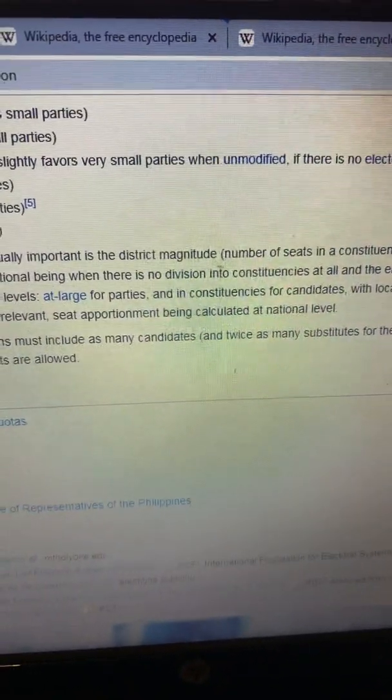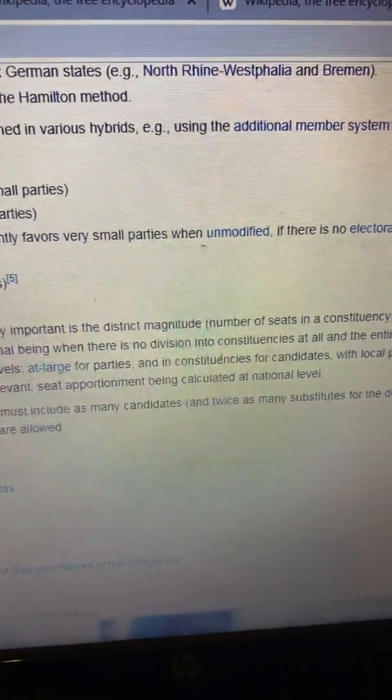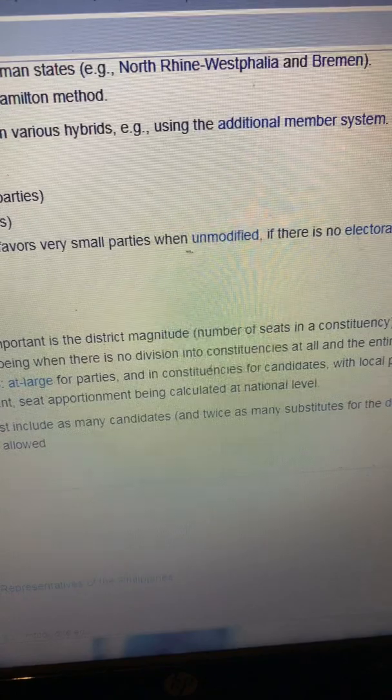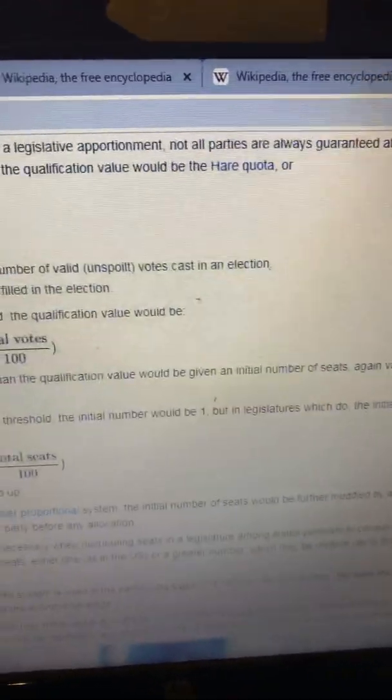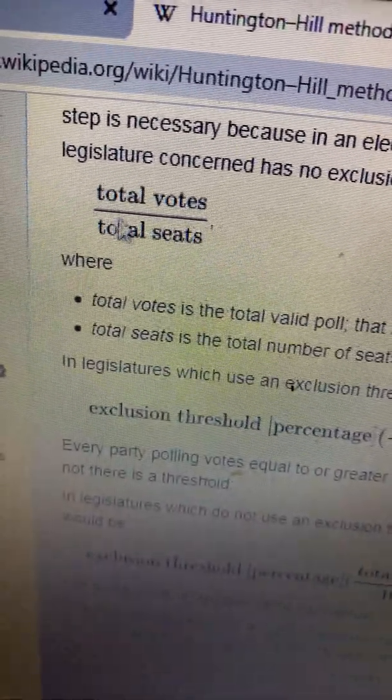And the other is the total votes divided by the total seats.